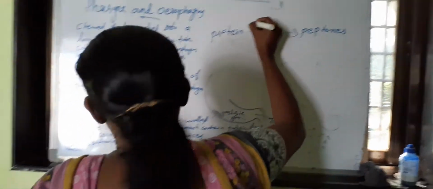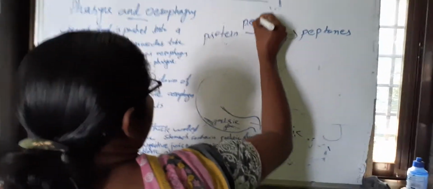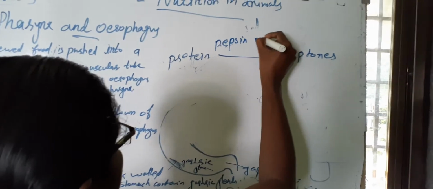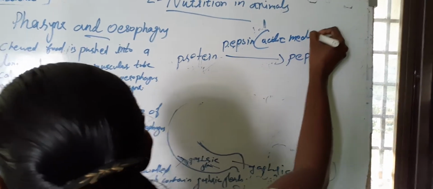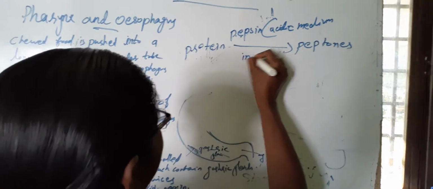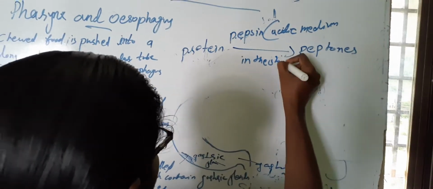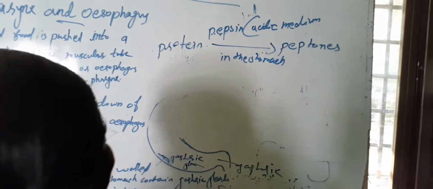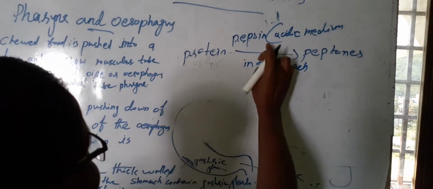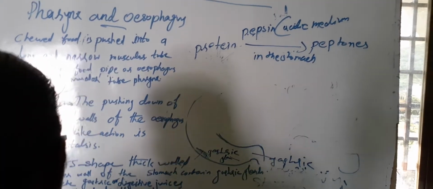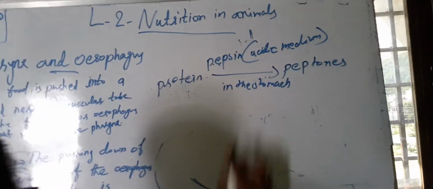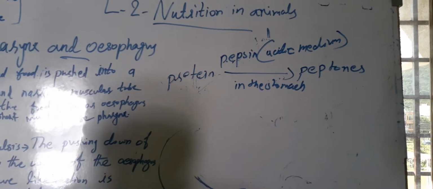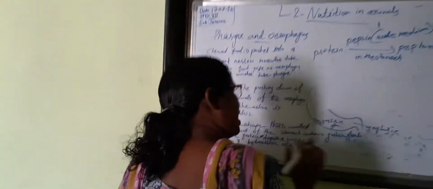So what is pepsin? Pepsin acts in an acidic medium, in the stomach. The three substances are hydrochloric acid, mucus and pepsin.